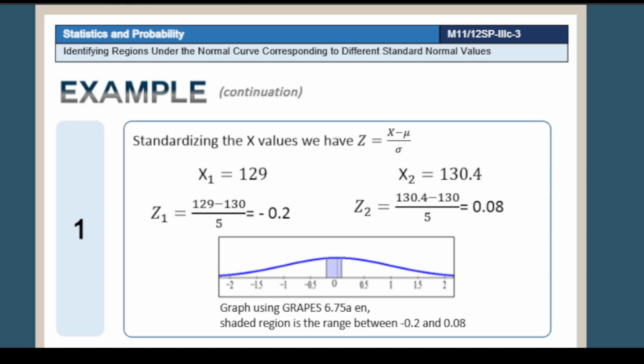So you simply subtract. We have 129 first. 129 minus 130 is -1, divided by 5. That would be equal to -1 over 5, or in decimals, -0.2. So from 0 we'll be moving to the left to cover 0.2, as you can see in the illustration.